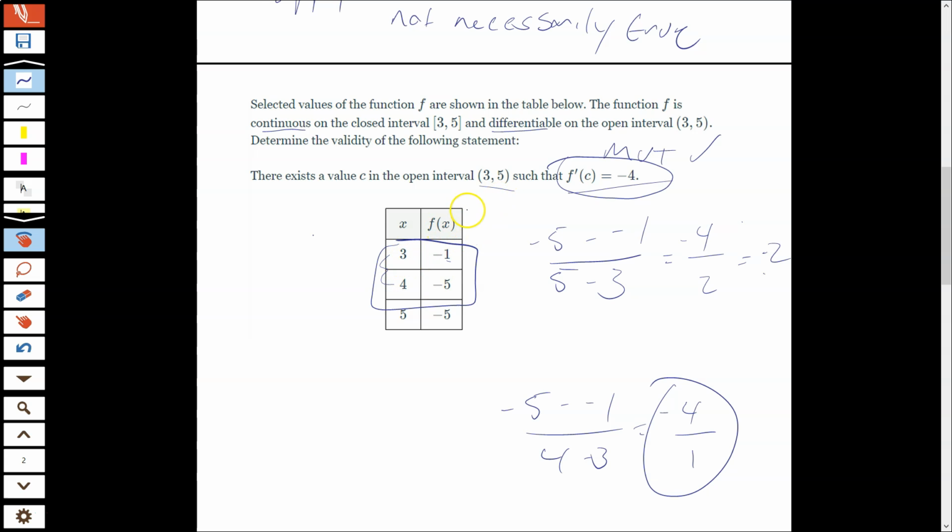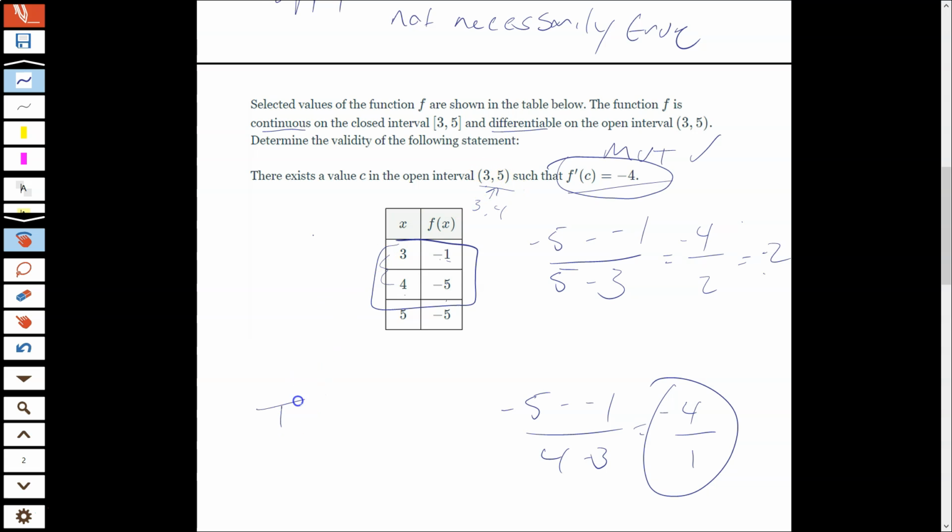But notice the interval 3, 4, well, that's inside 3, 5, right? If the mean value theorem applies to this interval, we can say that this value also exists in this interval. So any interval within the function table will satisfy this mean value theorem.